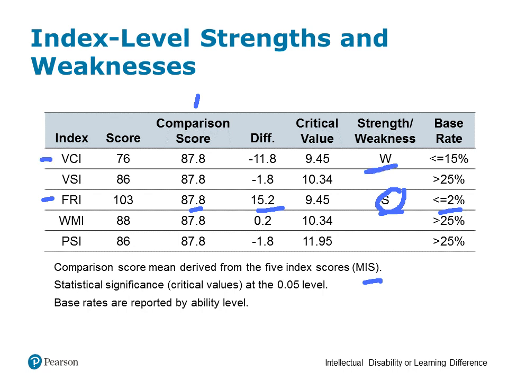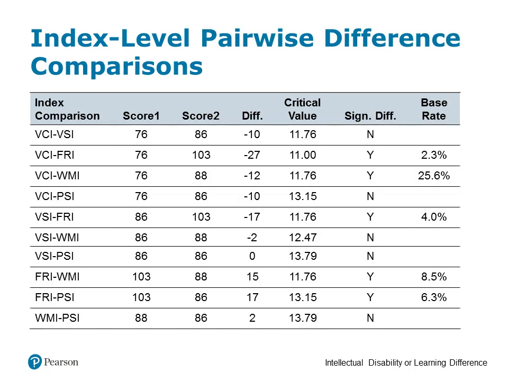So again, in terms of a pattern, think about what you're seeing, because we're thinking about maybe that third method when you think about SLD classification, eligibility determination. You could also look at the index level pairwise difference comparisons. I'm not sure that this information is as meaningful clinically, and that is because most of your index scores, as we pointed out, the score doesn't represent a unitary construct.